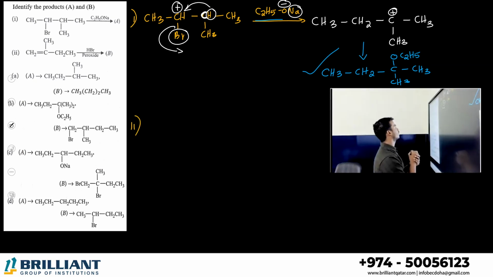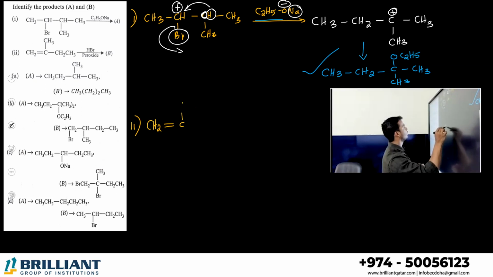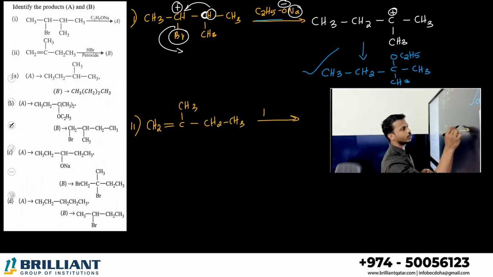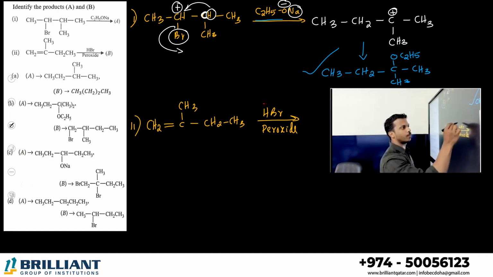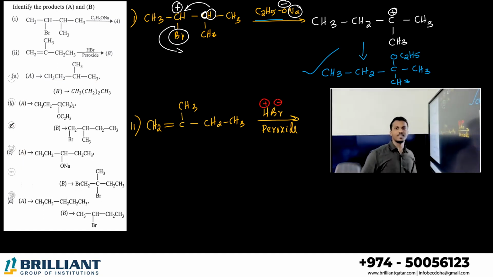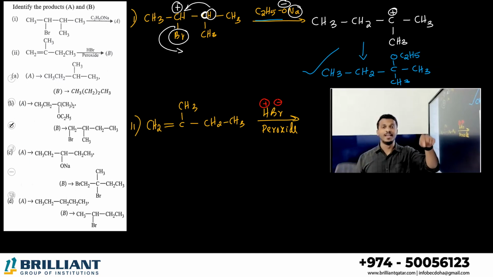In the second reaction, there is an alkene, CH2 double bond C CH3, and we have CH2 CH3. We are treating it with HBr in presence of peroxide. No doubt, HBr contains H plus and Br minus. In presence of peroxide, we have to follow the anti-Markovnikov rule.